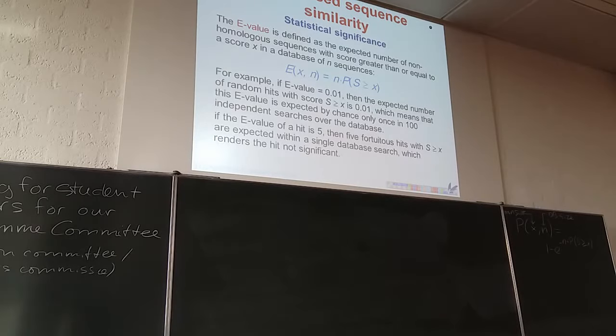Because here you have the p-value, the probability for a given score threshold of finding an alignment that has at least that score. But if you repeat that over a database of size 10, then of course you have to multiply by 10.